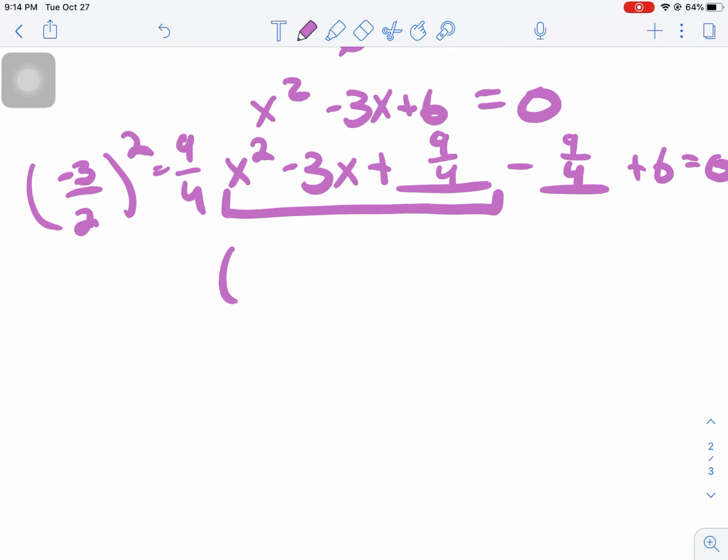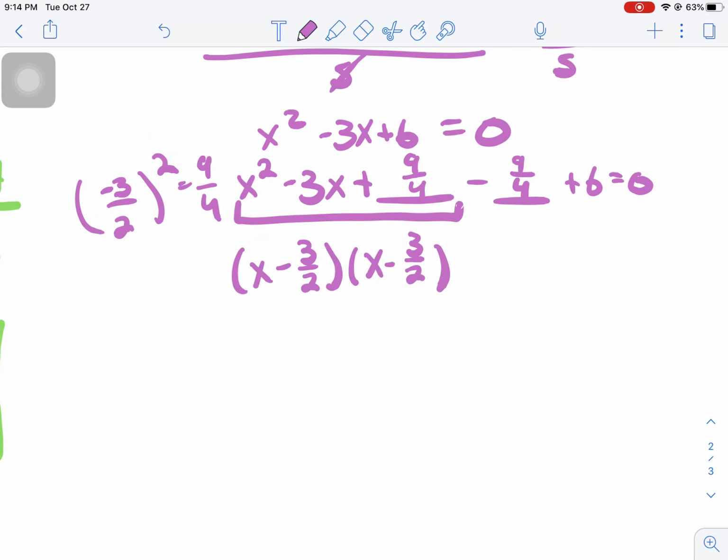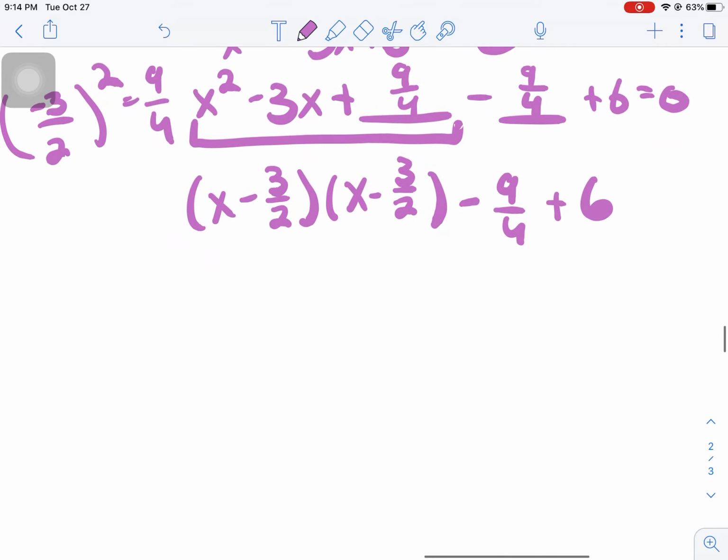Now we have our perfect square trinomial. So that's x minus 3/2 times x minus 3/2. On the outside, we have negative 9/4 plus 6. And then we need to do some simplifying. So x minus 3/2 squared. Negative 9/4 plus 6.